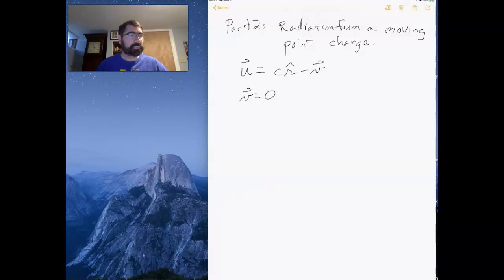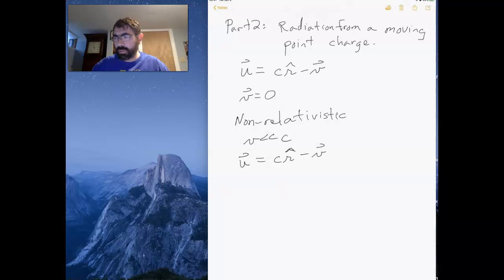Now, instead of saying it's initially at rest, we could say it's non-relativistic. So if the speed v is much, much less than the speed of light c, then we could make the approximation that u is approximately just the speed of light times the propagation vector, and everything would be exactly the same.